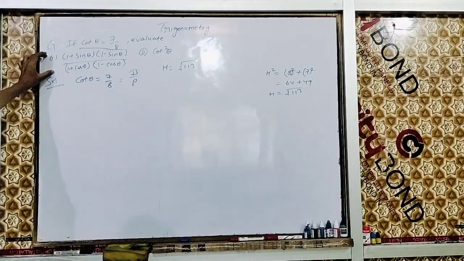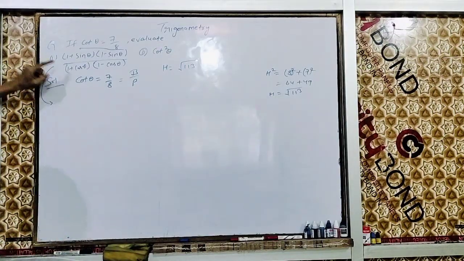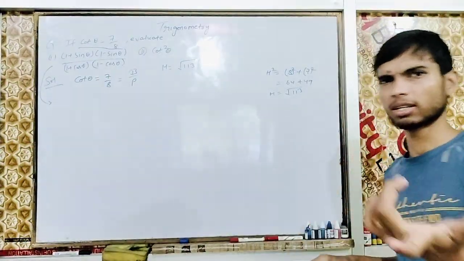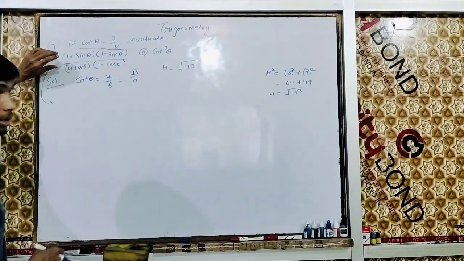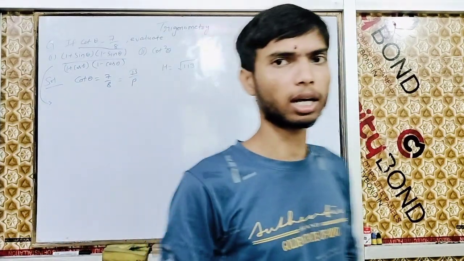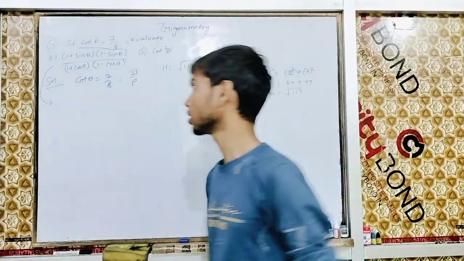Now let's solve this first. We know there is an algebraic identity here that you are already familiar with: A plus B and then A minus B. Here we can apply it for saving time.